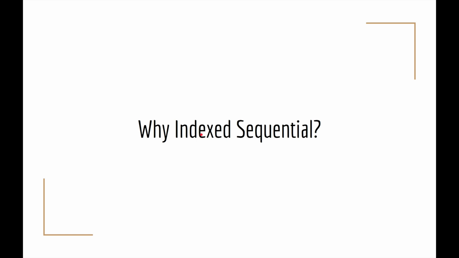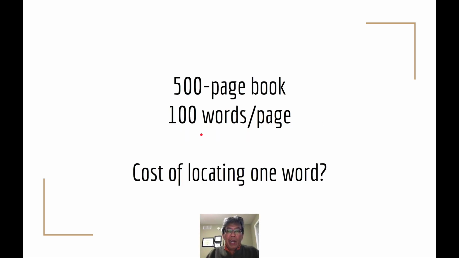The next access method we will discuss is index sequential. But to understand the motivation behind the access method, let's use an analogy of searching for a particular word in a thick book. Let's say we have a book of 500 pages and each page has 100 words. So we have a total of 50,000 words in a book. What is the cost of searching for a particular word?